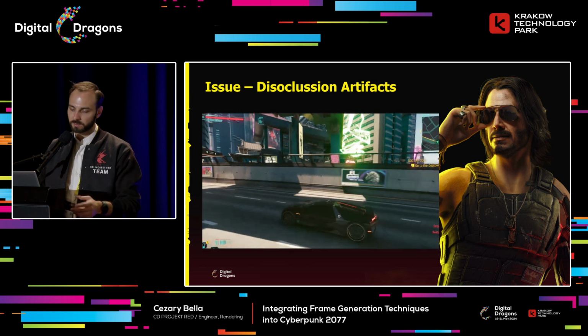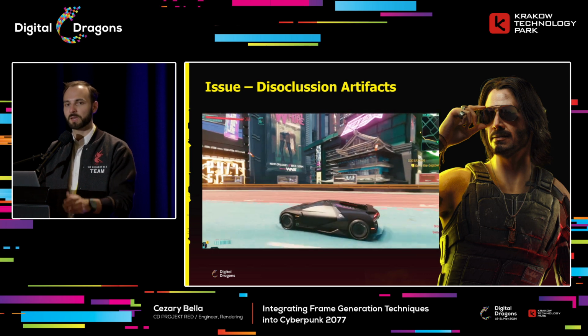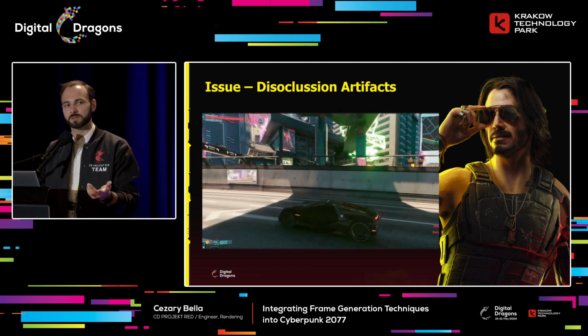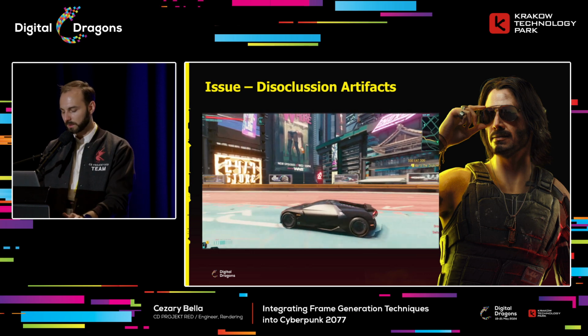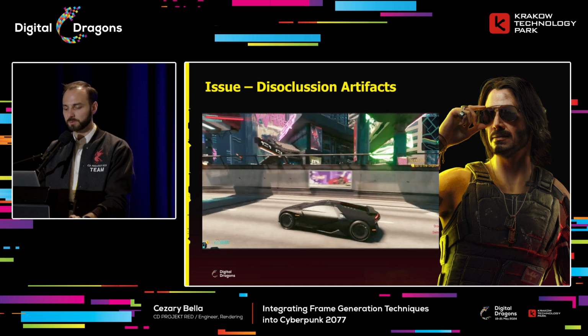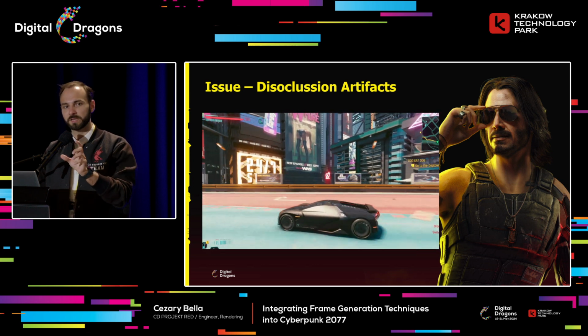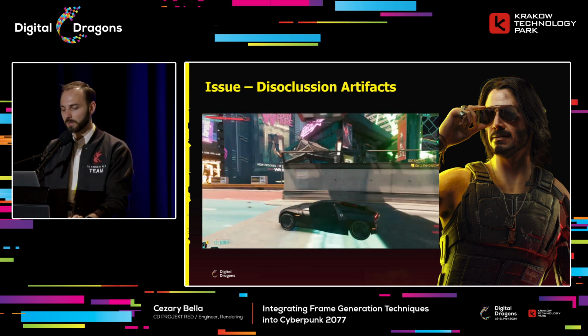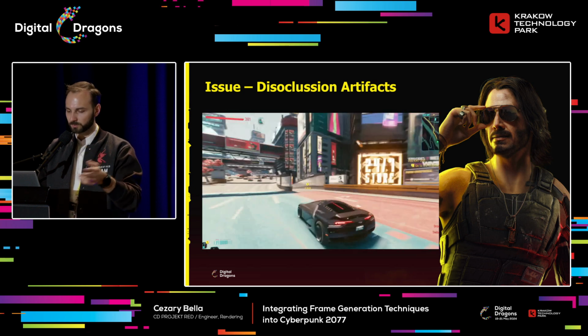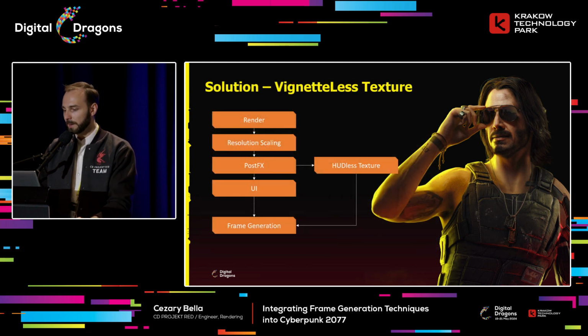And of course, we took a PIX capture, and apparently it was the vignette. For some reason, the math behind the FSR wasn't able to figure out how the vignette is changing and how it should work in a proper way.